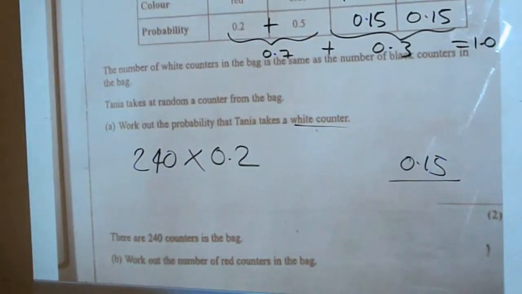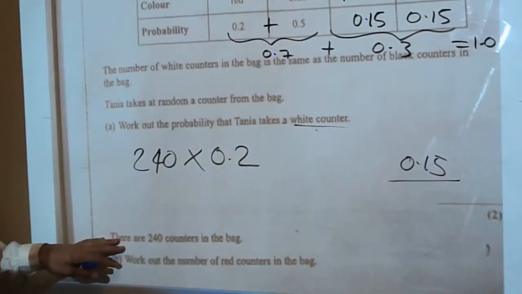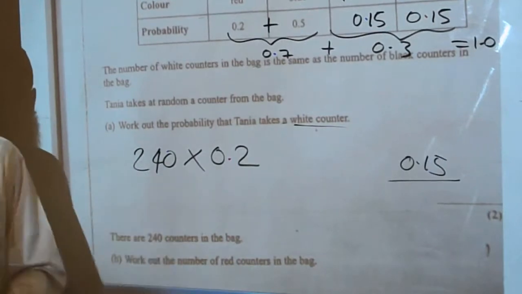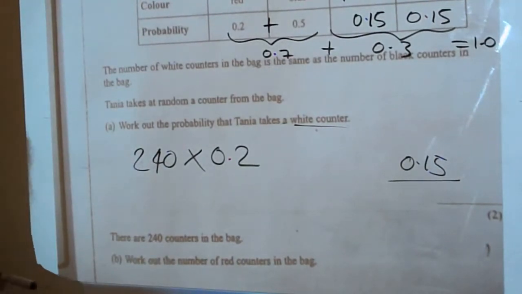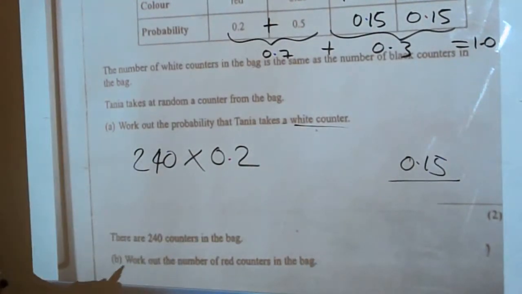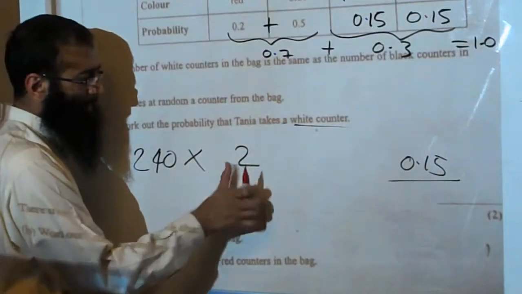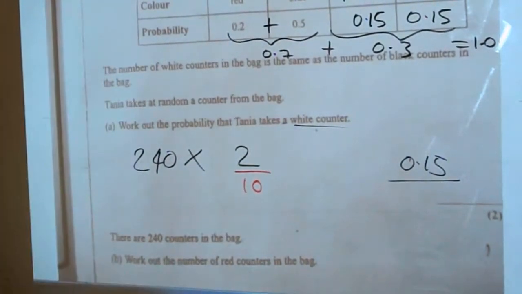0.2. Okay, now this is again a non-calculator question, so don't think about using calculators. Let me give you a technique for dealing with this question without using a calculator, just using the brain that God gave us. So 0.2 as a fraction can be written as 2 tenths.